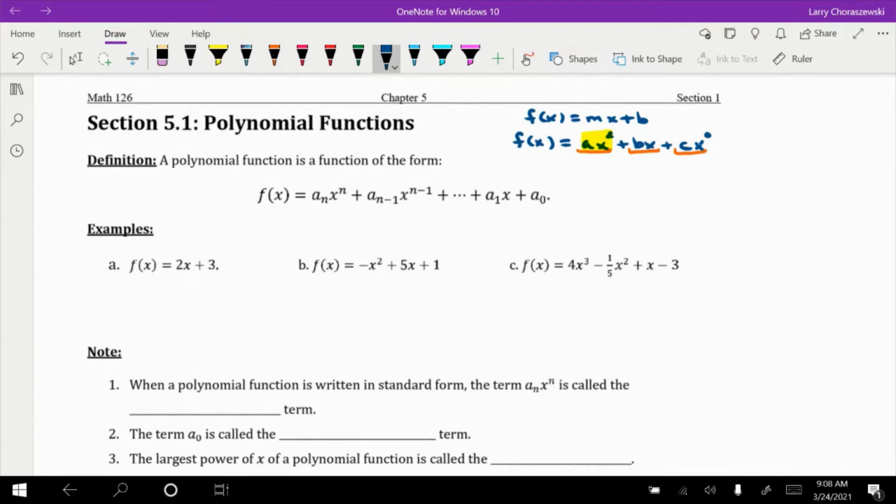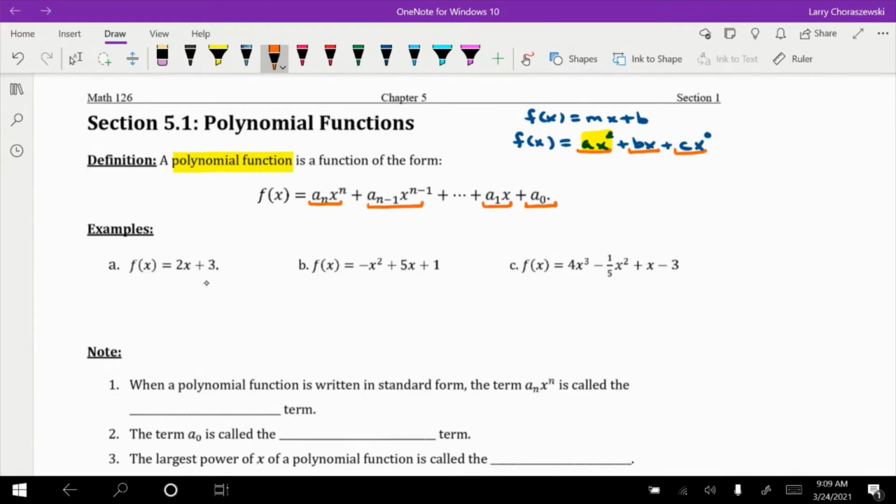When we continue adding these terms with higher powers of x, we get a polynomial function. The symbolic definition is given right here, with terms of the format some number times x to a certain power.